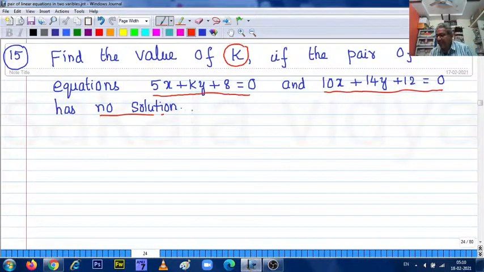Now first write down the given data, that's very important. What is the given data?